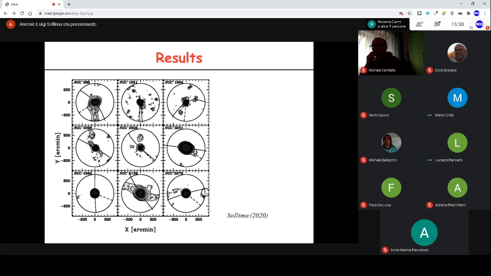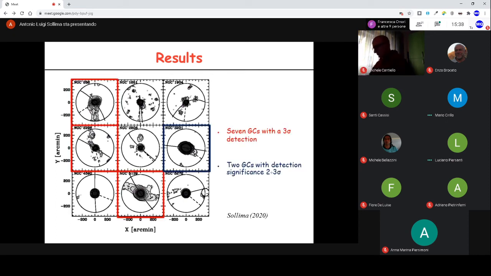So globally, I found significant detection in 6 clusters, plus a 2 sigma detection, which means that I find one of the 2 criteria satisfied at 3 sigma and the other at 2 sigma for 2 clusters.